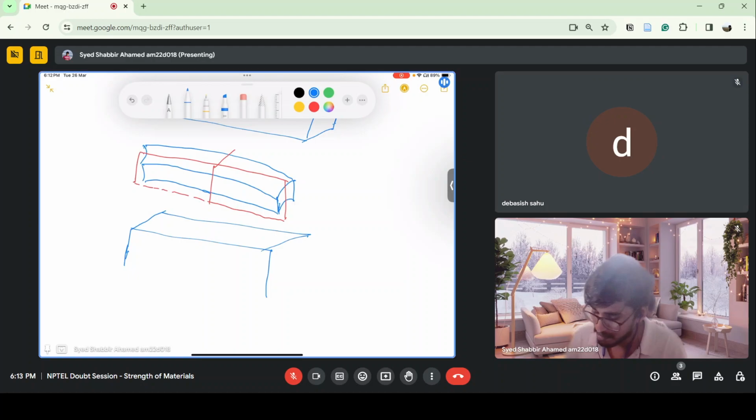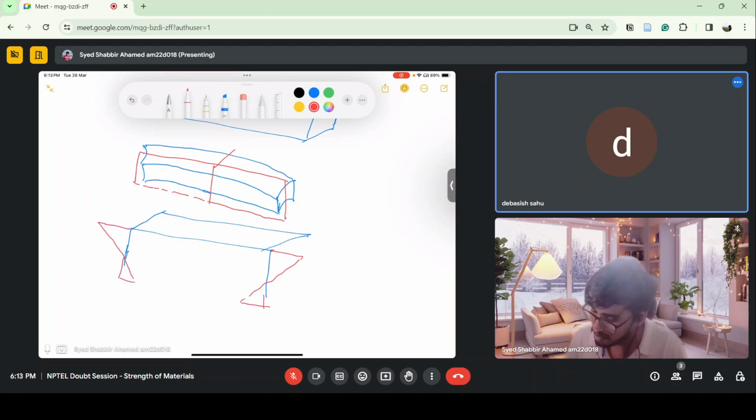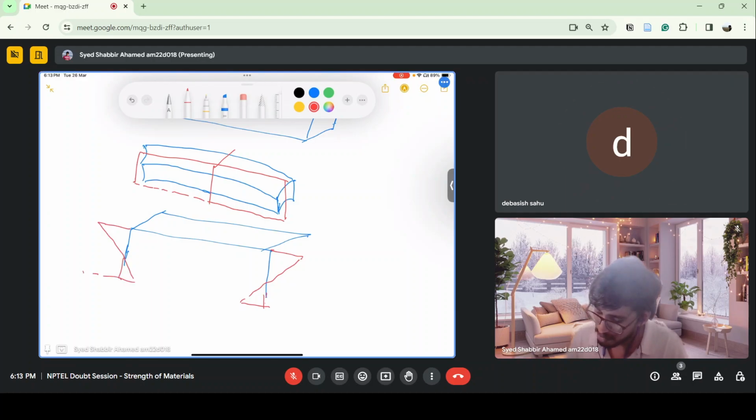Because there is a beam and there is a bending stress distribution. Whenever you take this bending stress net force and integrate it over the whole depth, this force will be zero.